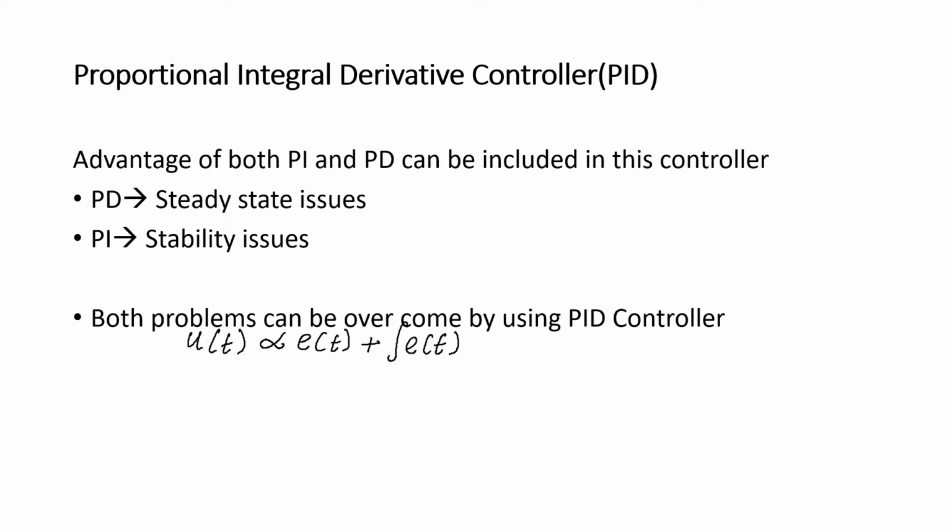Also it talks about the derivative, right? So the third one will be the derivative of the error signal. Simple. Okay, we are combining the error signal with the integral of the error signal and the derivative of the error signal, that is the proportional integral derivative controller, right?